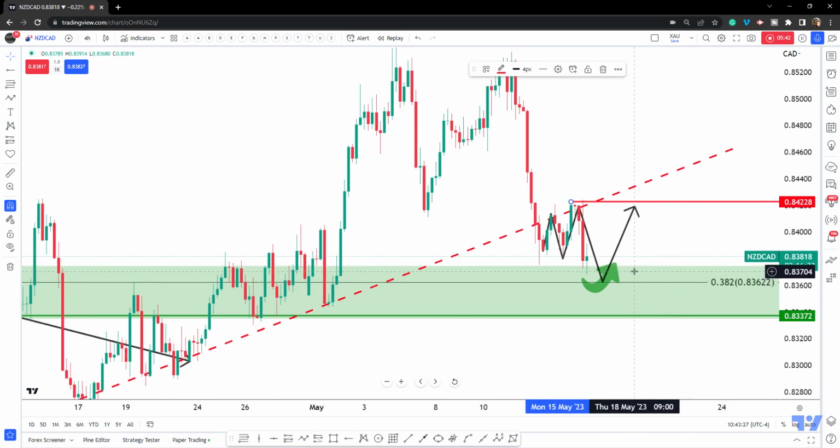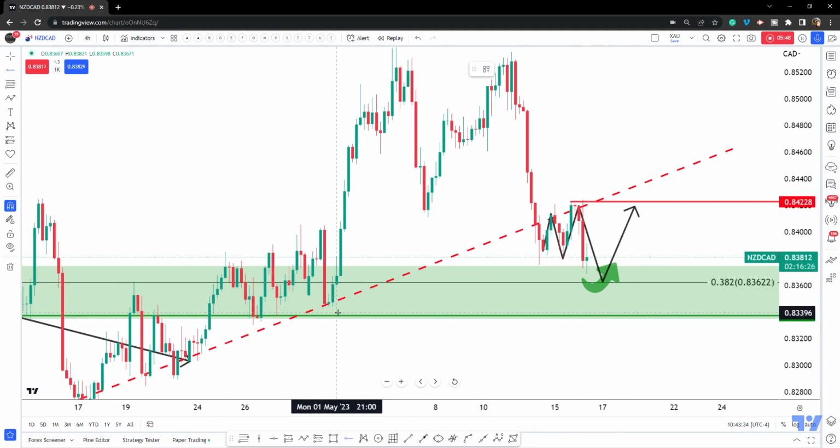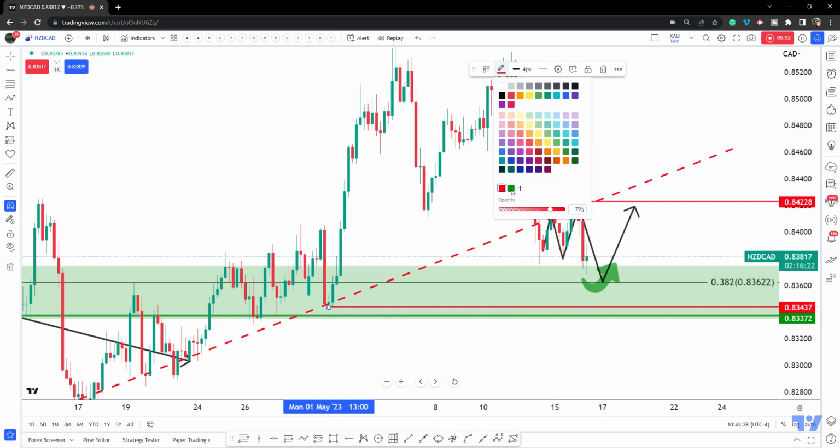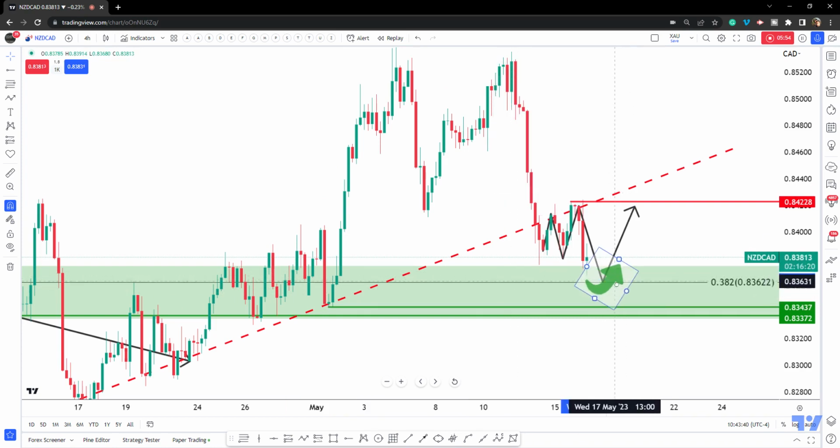And on the downside, we've got some more to go until these lows over here. So there is the potential to come in lower, moving into this length. But we'll just have to see.